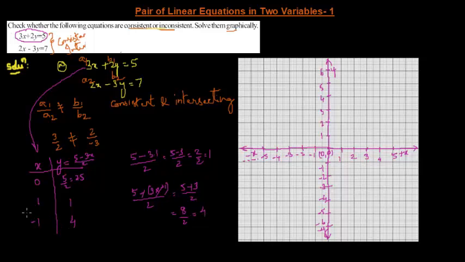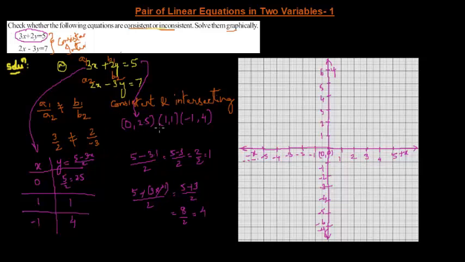So I got points as 0, 2.5. The next one is 1, 1 and minus 1, 4. These are the points of first equation.